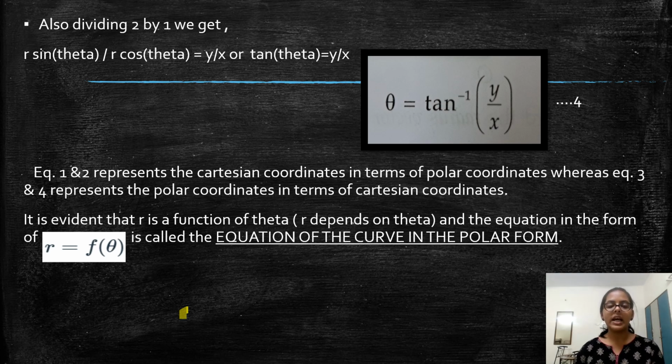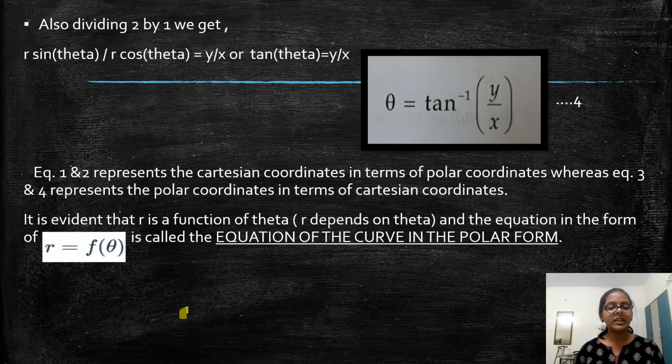Equation number 1 and equation number 2, that is x is equal to r cos theta and y is equal to r sin theta, represent the Cartesian coordinates in terms of polar coordinates. Whereas equation number 3, that is r is equal to root under x square plus y square, and equation number 4, that is theta is equal to tan inverse y by x, represent the polar coordinates in terms of the Cartesian coordinates.